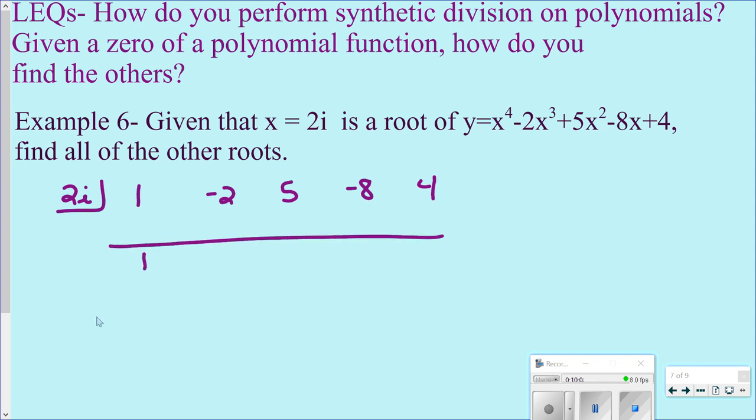1 comes down, times 2i is 2i. 2i plus -2 is -2 plus 2i. -2 plus 2i times 2i.